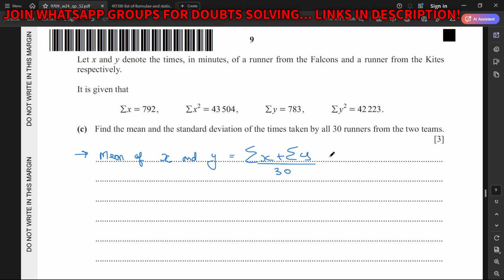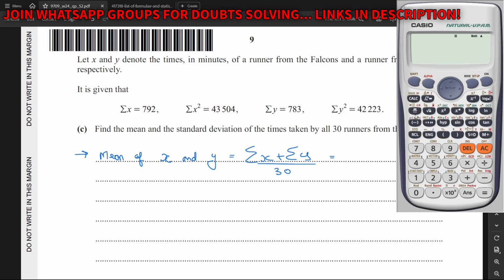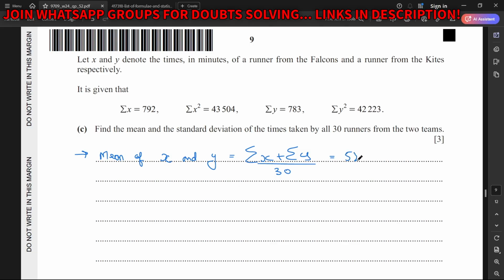And then if I calculate this in my calculator, summation of X is 792, summation of Y is 783, and then that is divided by 30, and the answer comes out to be 52.5 minutes. So that is the mean that we are getting for all the 30 runners.